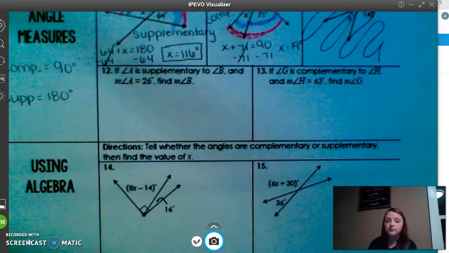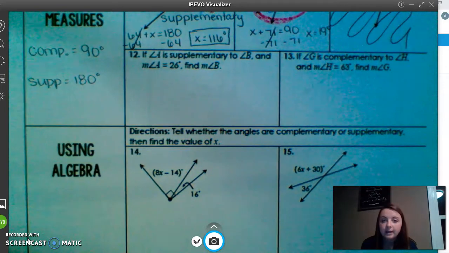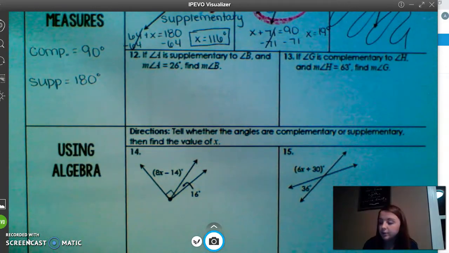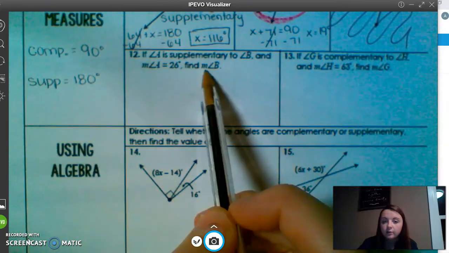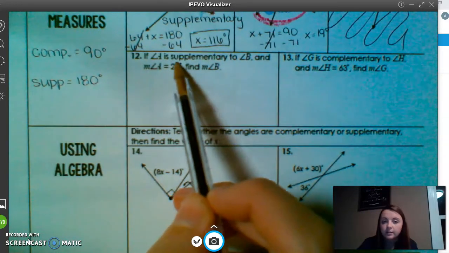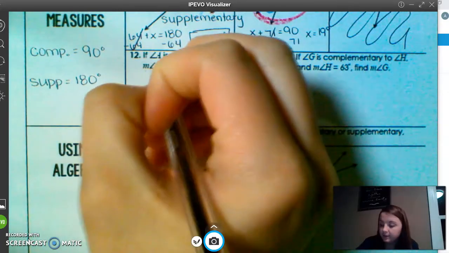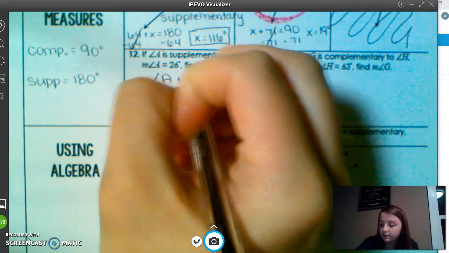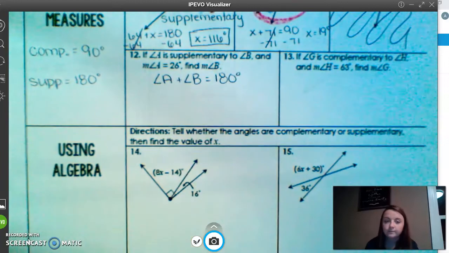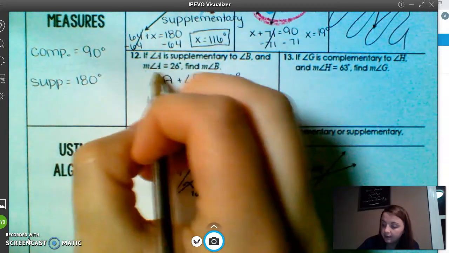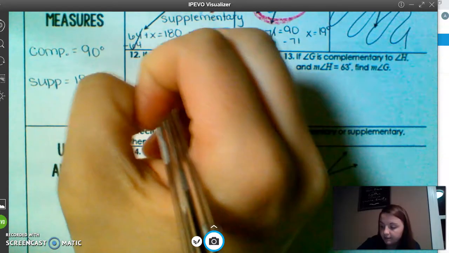Number 12. Let's scroll up. If angle A is supplementary to angle B, and the measure of angle A, the M there means the measure, is 26, find the measure of angle B. So I know they're supplementary, and supplementary means 180. So angle A plus angle B has to equal 180. Well, I know angle A is 26, so I can plug that in.